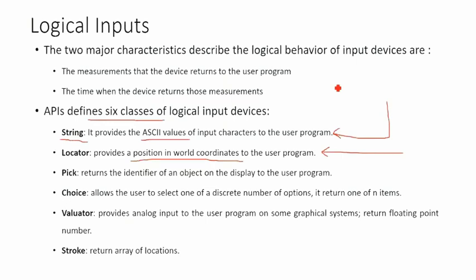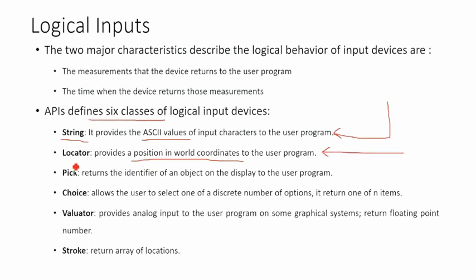However, your program or some interface should convert that screen position into a world coordinate and then give it as input to the locator, as data to the user program. That kind of input is called a locator. It is captured using a pointing device, but some extra effort, a conversion from screen coordinates to world coordinates, should take place before the locator gives the data back to the user program.